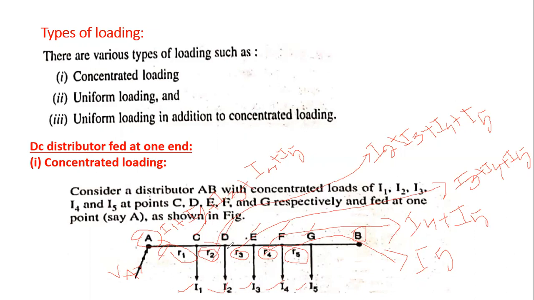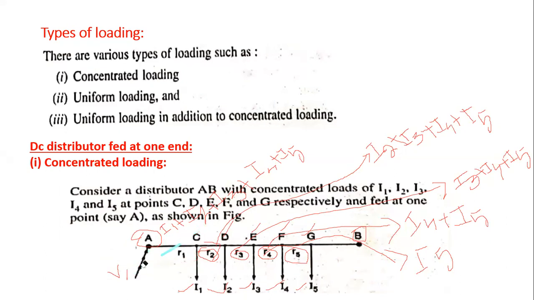At section DE: I3 plus I4 plus I5. At section EF: I4 plus I5. At section FG: I5. Understand? These are the various currents and resistances at various sections.